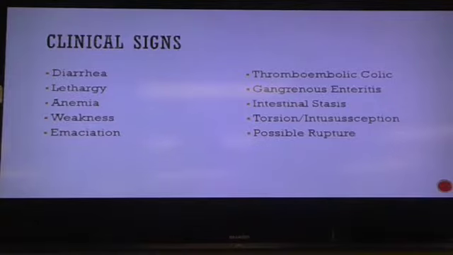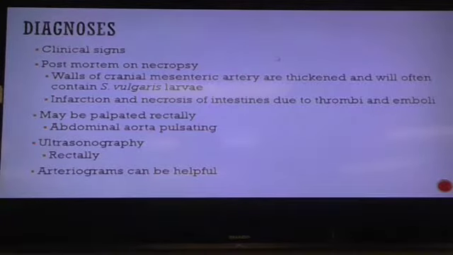Clinical signs include diarrhea, lethargy, anemia, weakness, emaciation, thromboembolic colic, gangrenous enteritis, intestinal stasis, torsion and intussusception, and possible rupture. Diagnosing: the biggest thing is going to be the clinical signs.